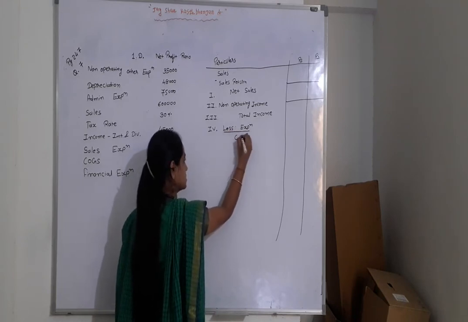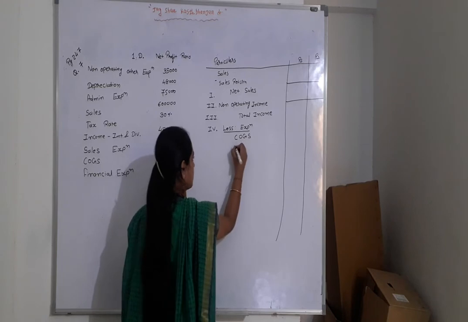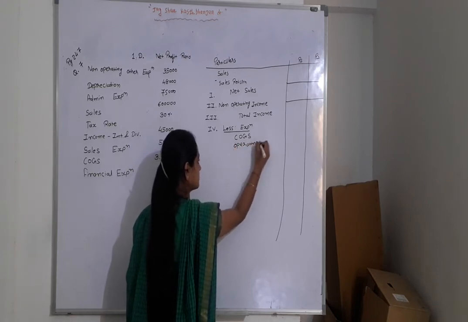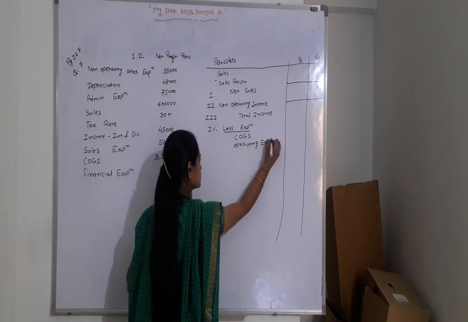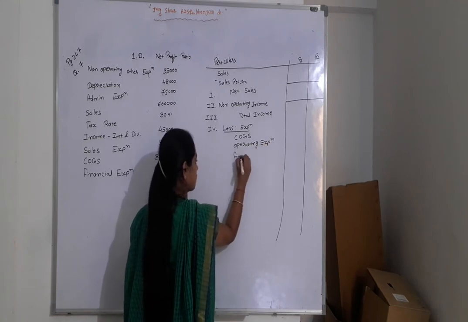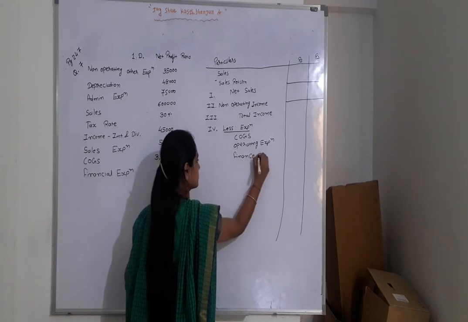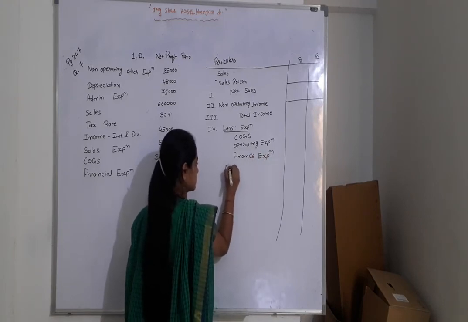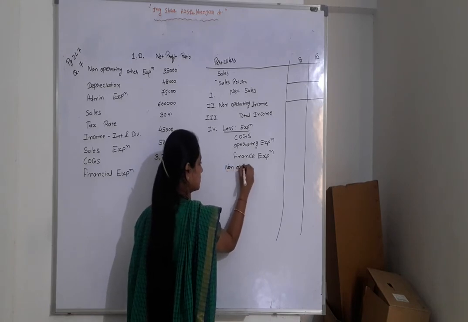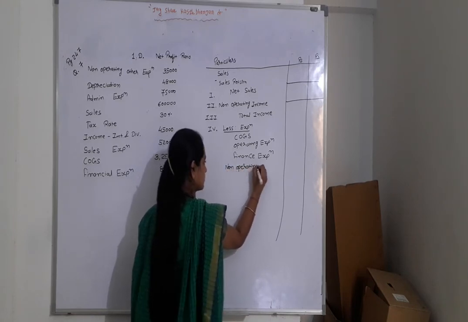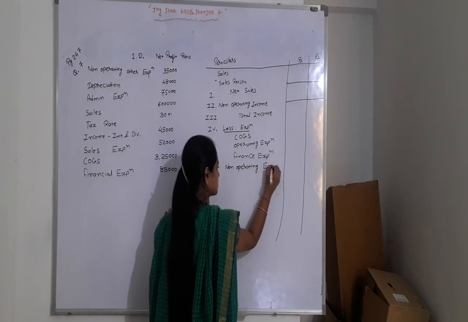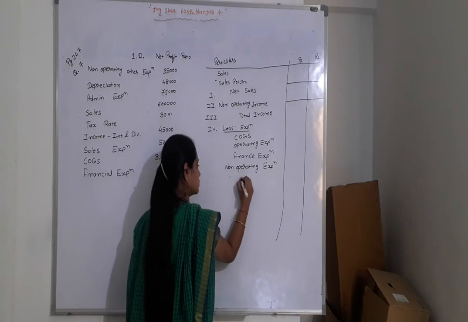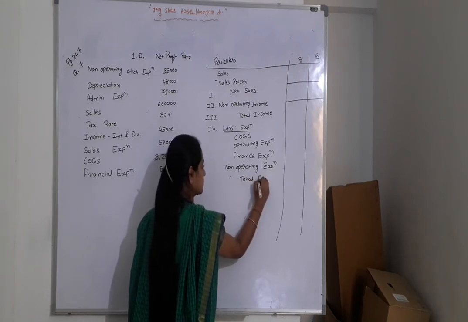First expense is COGS, then operating expense, finance expense, non-operating expense, total expense.